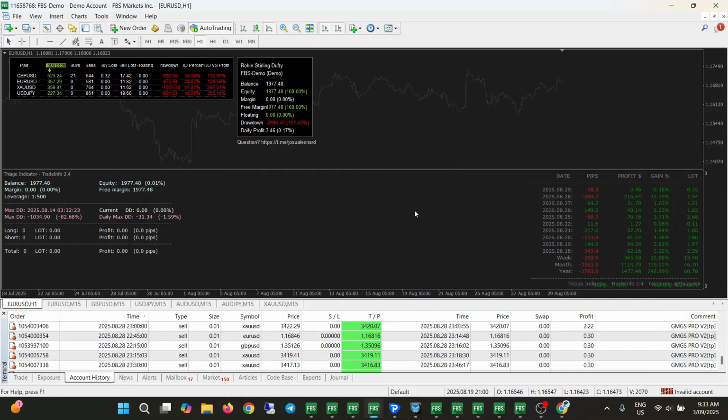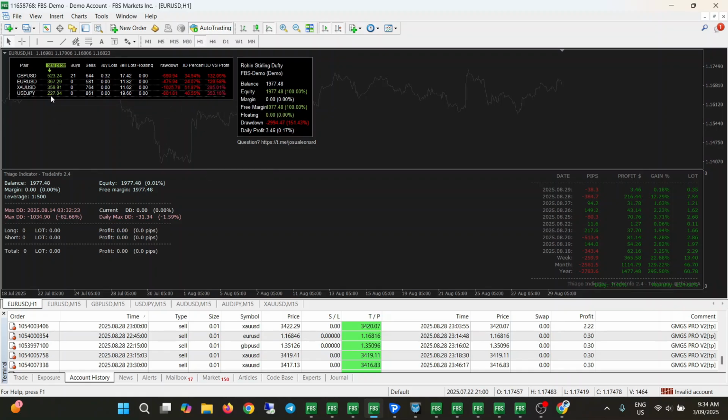But yeah, I think GMGS Pro is definitely worth having a look at in terms of maybe running it on a live account. $1,000 might not be enough if you're going to run all these pairs, obviously, and probably not with gold, seeing that it has had a max drawdown of -1025.